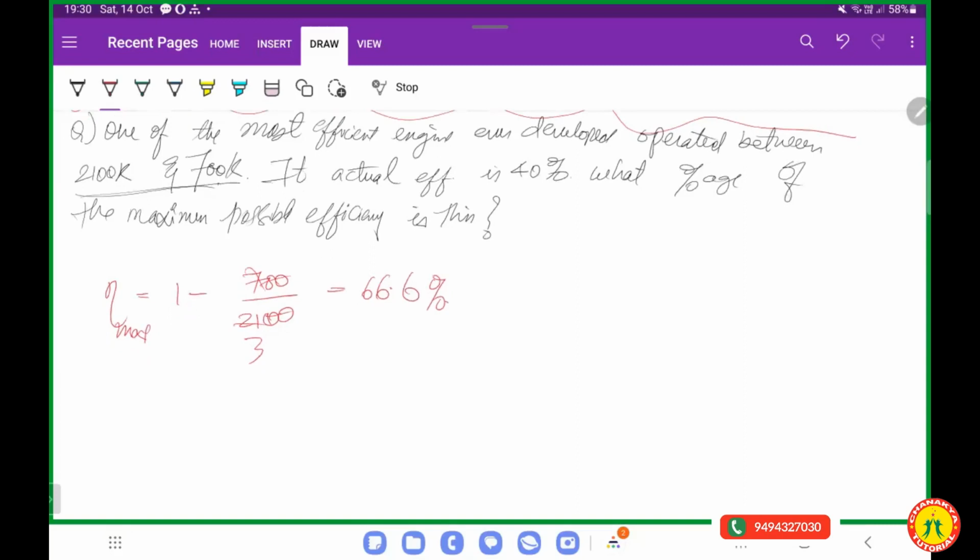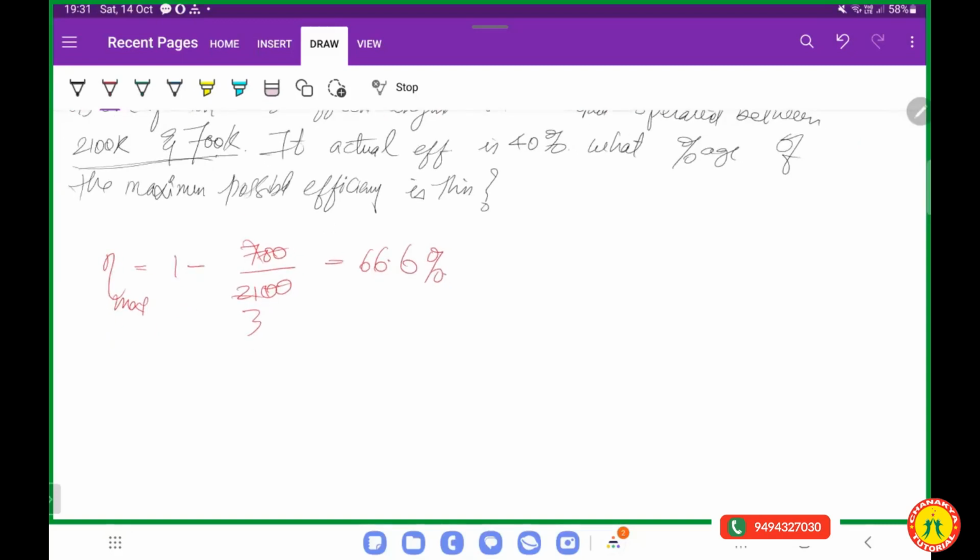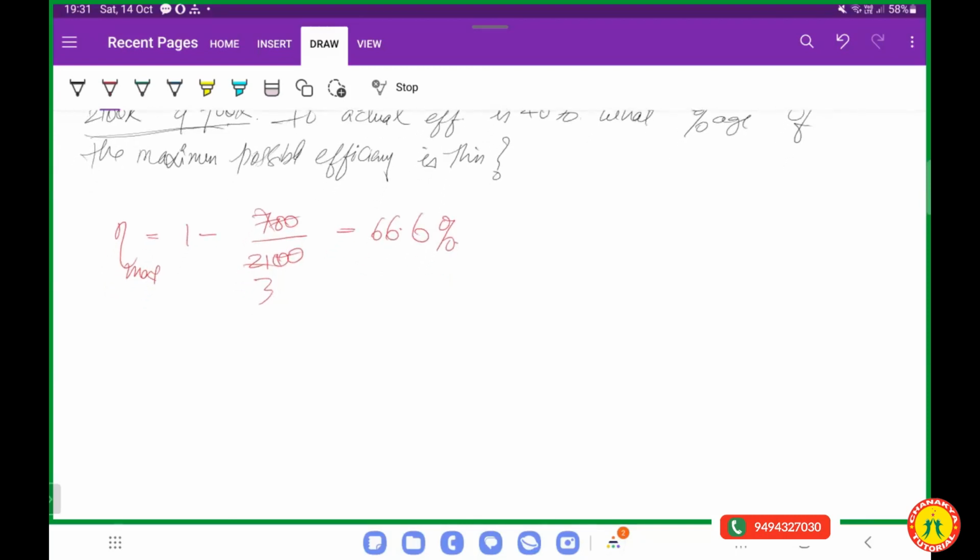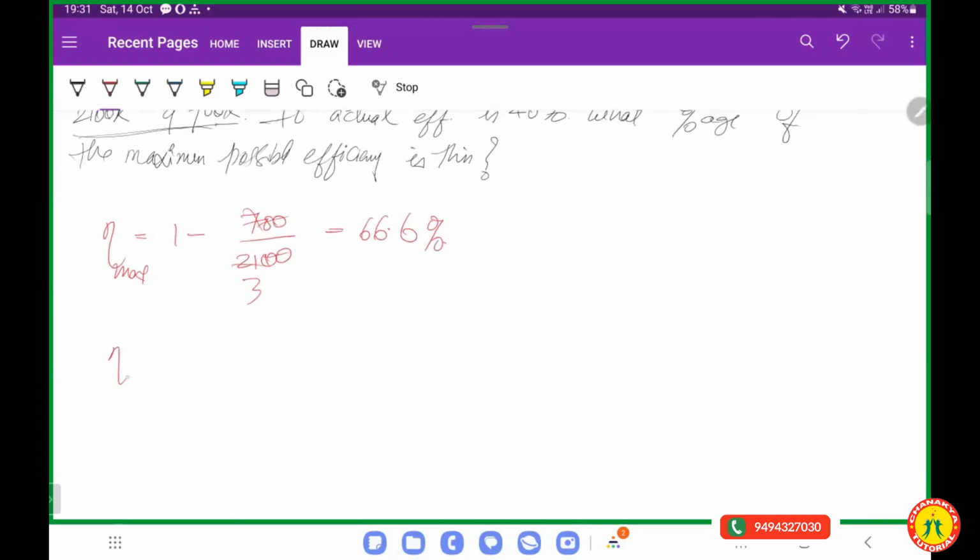So with this 40%, what is the temperature there? The actual percentage is 40.